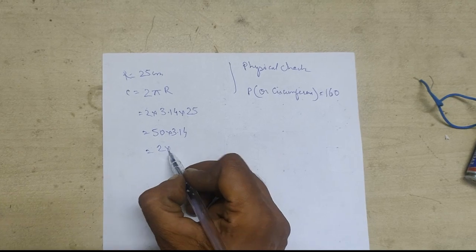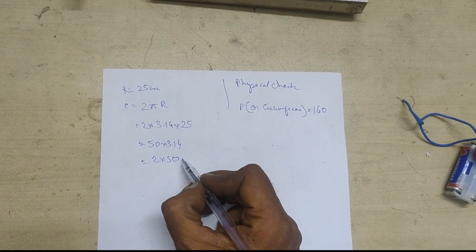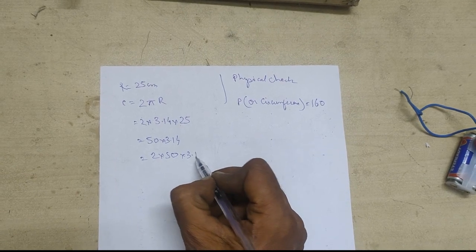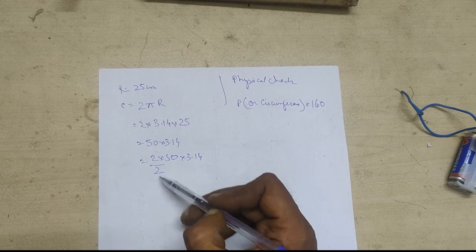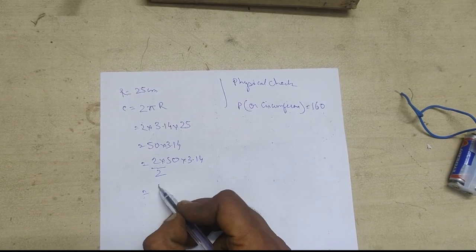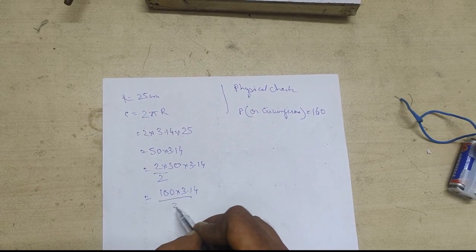I'll make it 2 multiplied by 50 multiplied by 3.14 and divided by 2. Can I do it? I both multiplied and divided by 2. So this becomes 100 into 3.14 divided by 2.